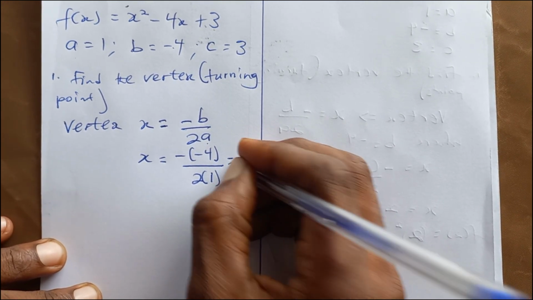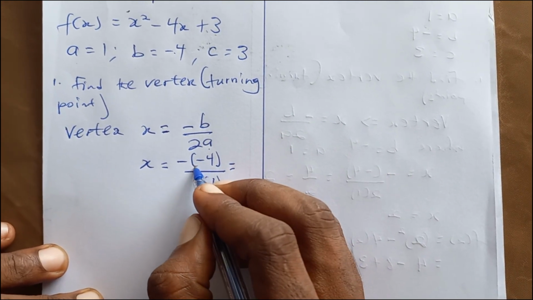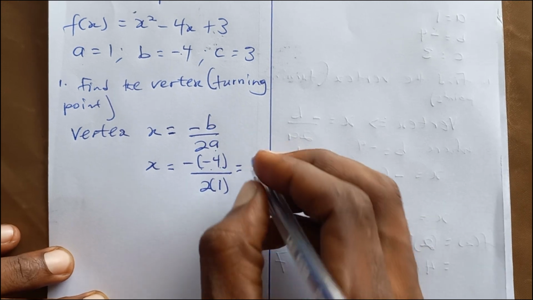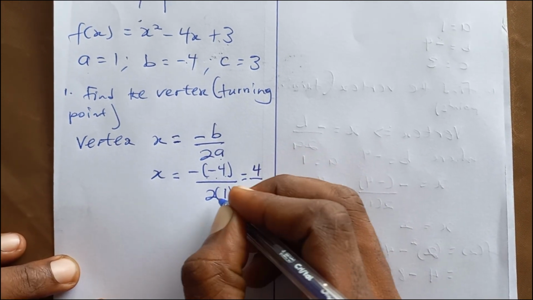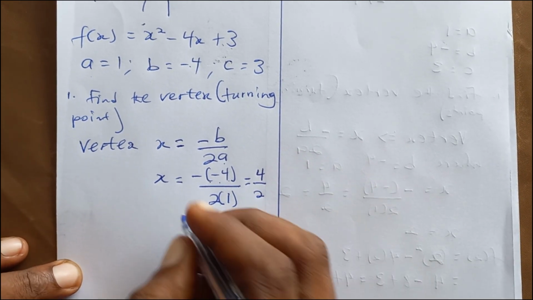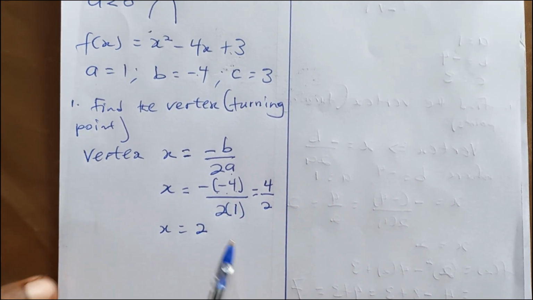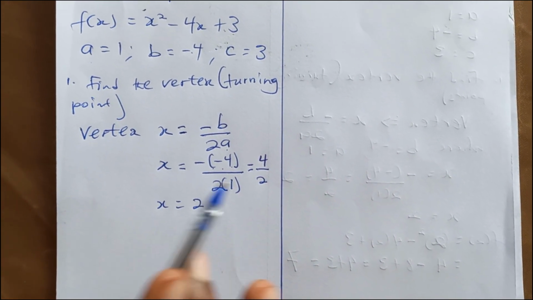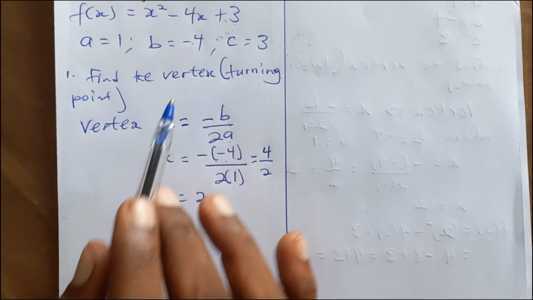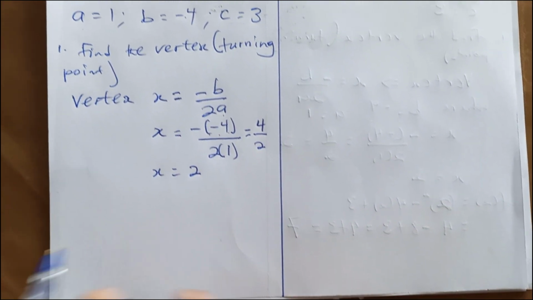So negative times -4, we are getting 4. 2 times 1 is 2, so we are getting x to be 2. Now we have one coordinate of the turning point, the vertex. So it's left with the coordinate of y.